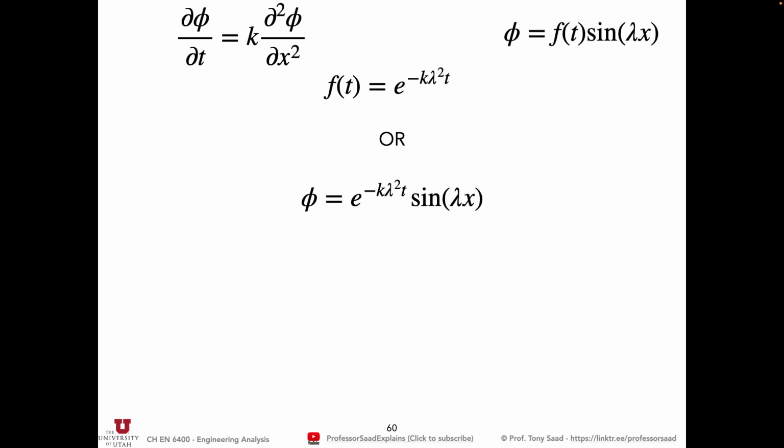And the decay, what is the exponent telling us? Yeah, so the larger the lambda, it squares. If you have lambda equal 1, it's going to decay at e to the minus kt. If you have lambda equal 2, it's going to decay e to the minus 4 kt.